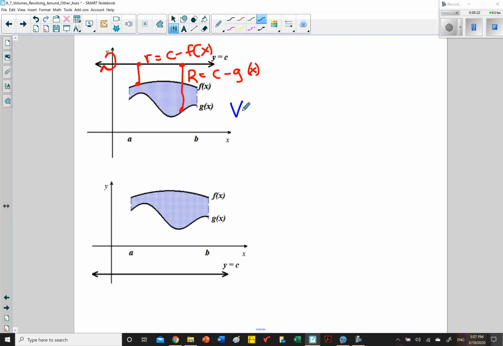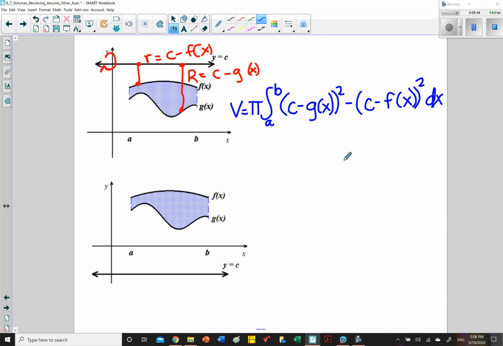So the volume is pi from A to B, for capital R is c minus g of x, quantity squared, and lowercase r, c minus f of x, quantity squared, in terms of x.